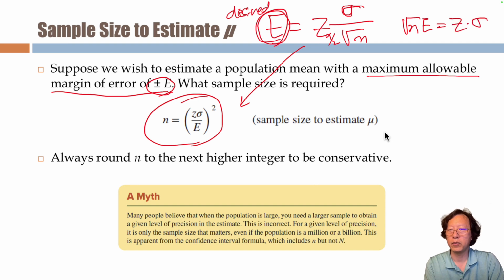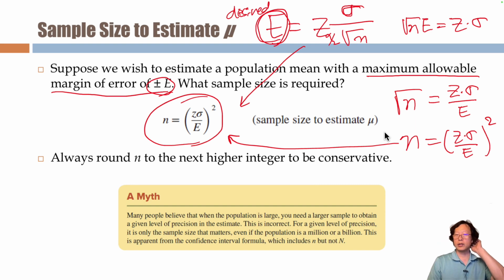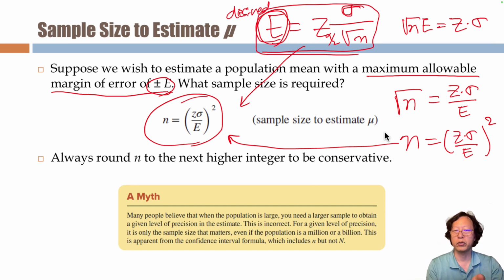And then I divide by E on both sides, and square root of n will be Z times sigma divided by E. Then I square both sides, and n will be Z times sigma over E, squared. That is this formula. So this is not a brand new one. Actually, we already used this one so far. Previously n was given and we calculated E. Now if E is given, then we can calculate n.